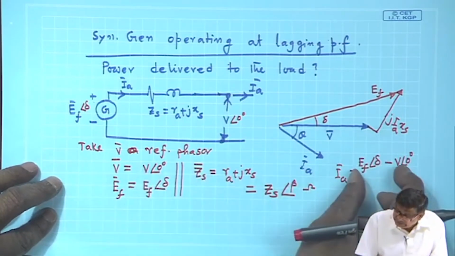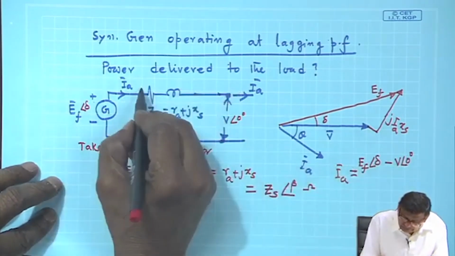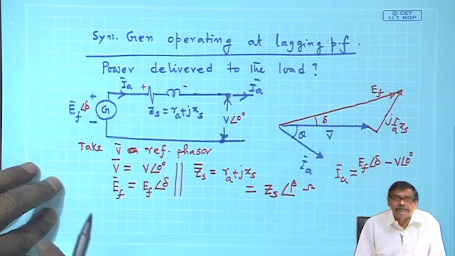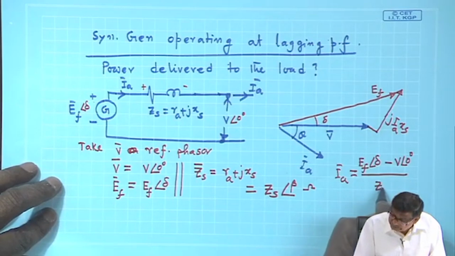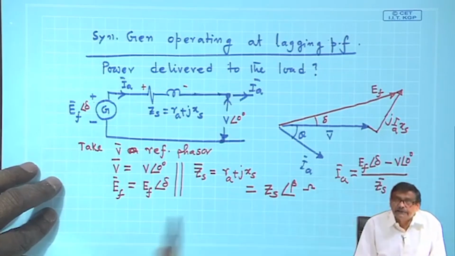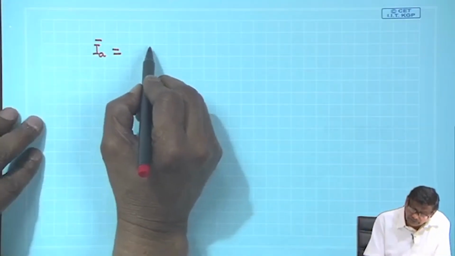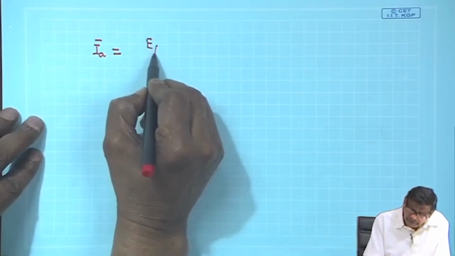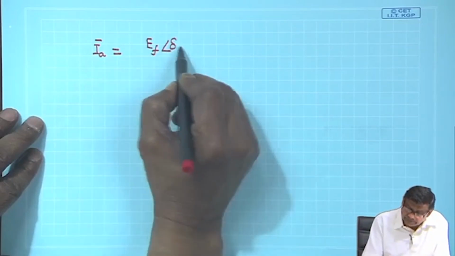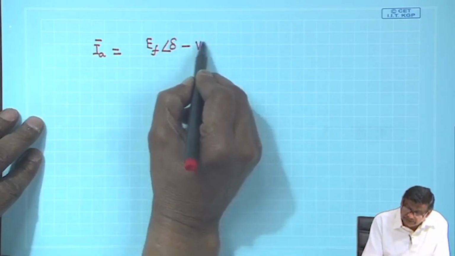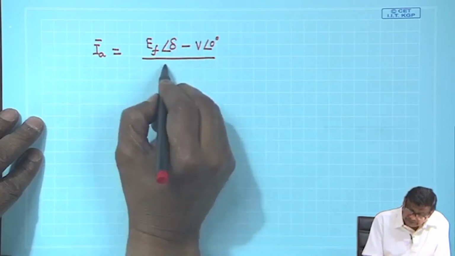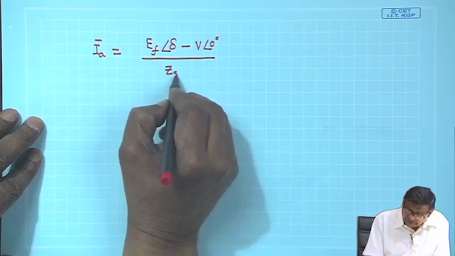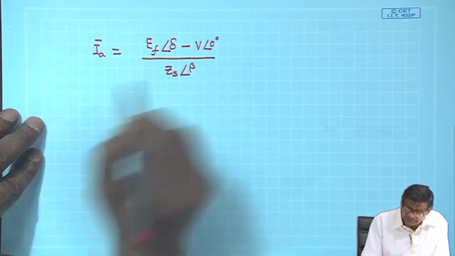So, this one is the voltage across Z s with this side plus, this side minus, and this divided by Z s will give me the current. So, current I A is equal to E f angle delta minus V angle 0 degree, divided by Z s, which is nothing but Z s angle beta.